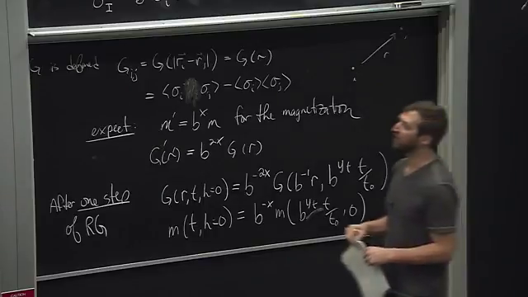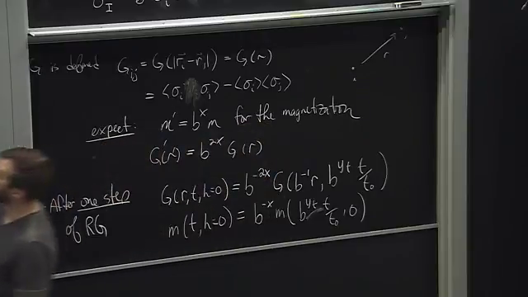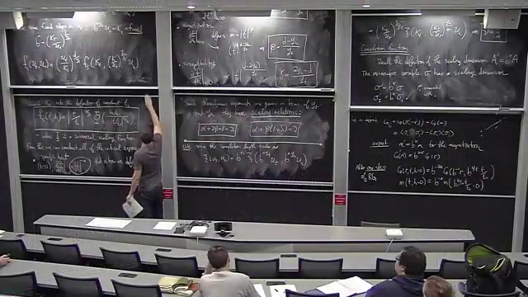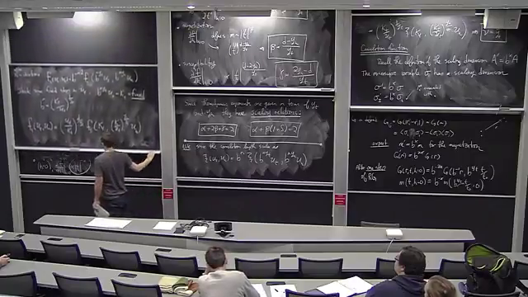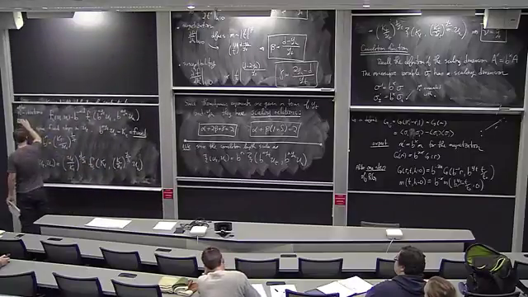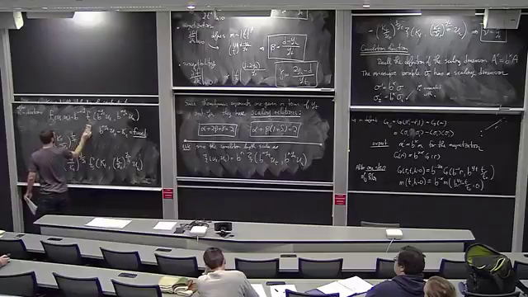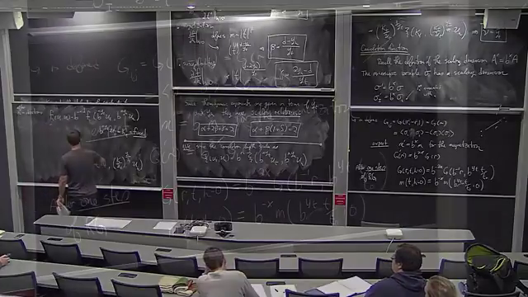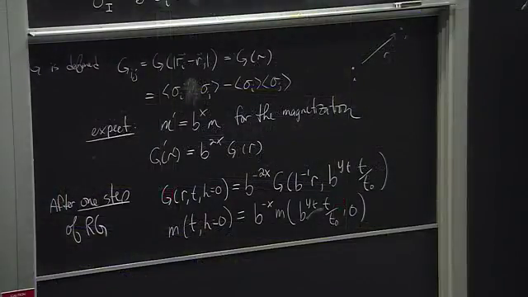But if I look back at my free energy after one iteration, I have it written up here. Oh, that's n iterations. I can also calculate m in terms of one iteration here, so let me just replace n with 1.